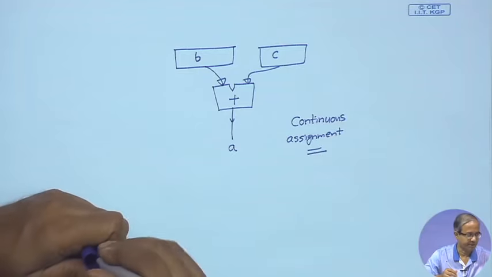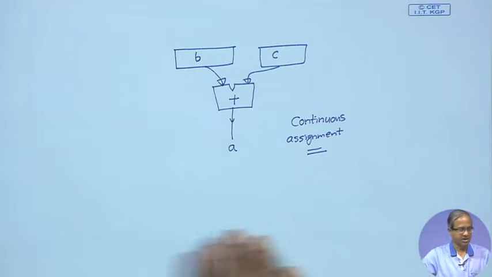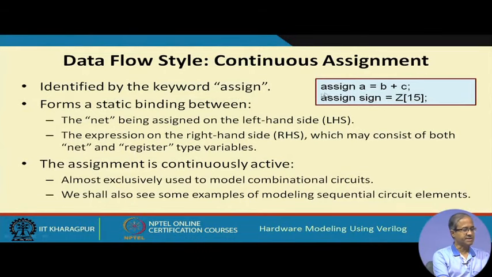There are some constraints in such assignment statements using assign. First thing is that the left hand side must be a net type variable, typically a wire. However, the expression that we are using on the right hand side, here b plus c, here z 15, may consist of variables which can be either net or register or any combination of the two.